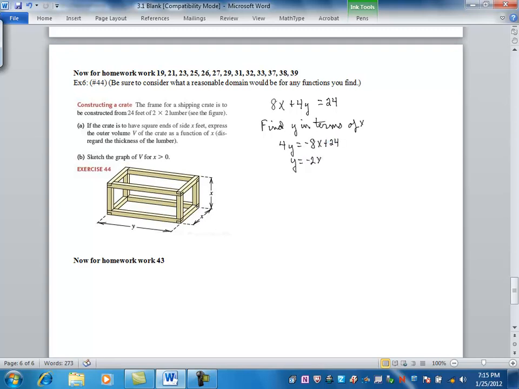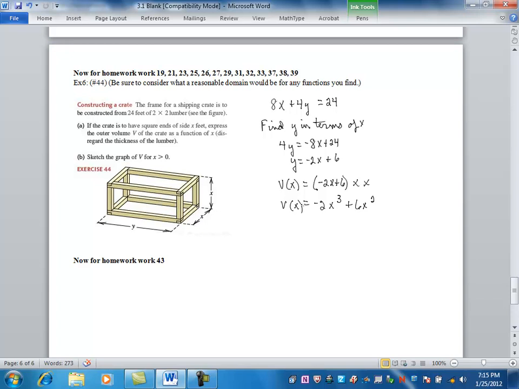Y equals negative 2x plus 6. Alright, and we know volume equals, I don't know how we want to say this, but I've got a length, which is negative 2x plus 6. I've got a width, which is x. I've got a height, which is x. This gives me negative 2x cubed plus 6x squared for my volume in terms of x.